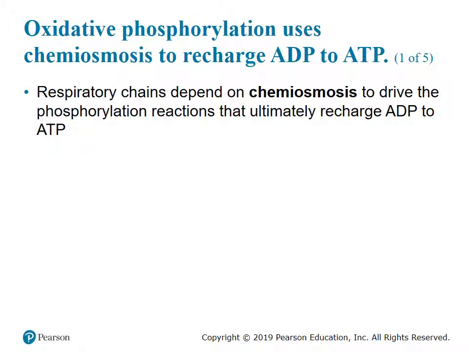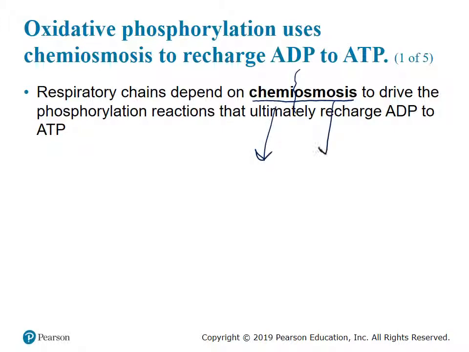Before we move on, looking at the actual process of the electron transport chain, the last step uses a process called chemiosmosis. If you divide this in half, that's actually two words.